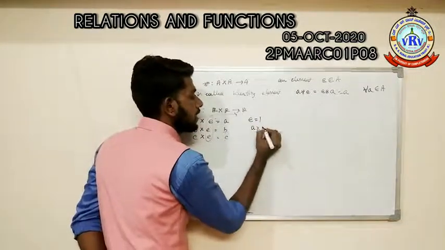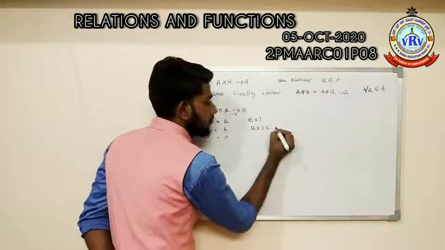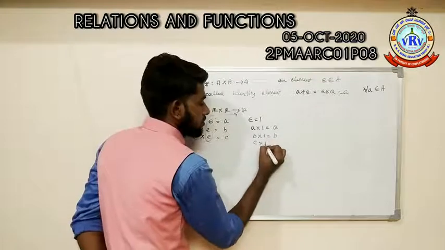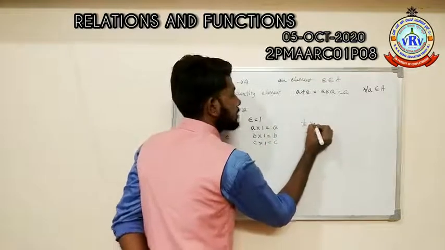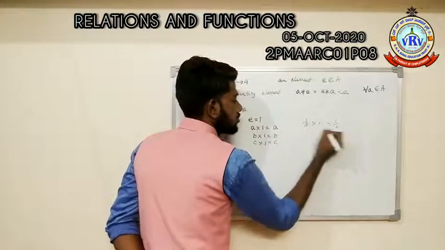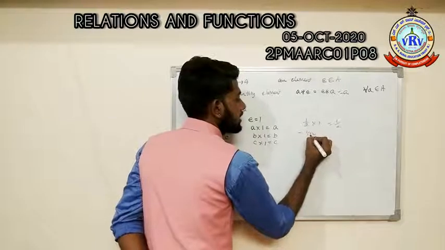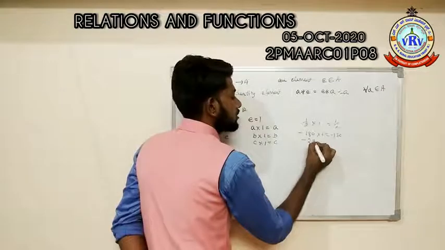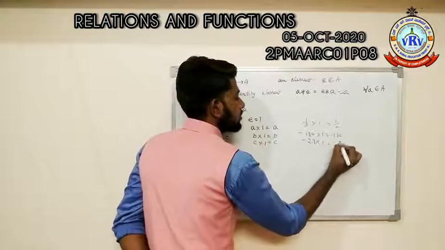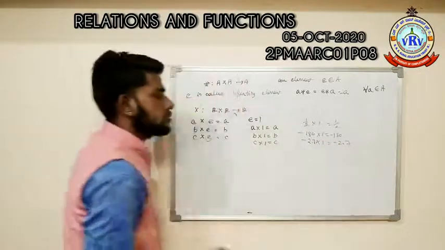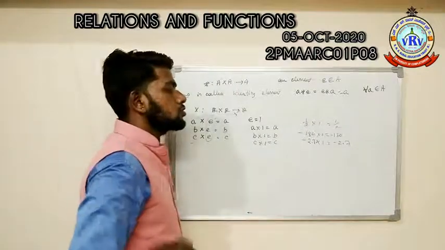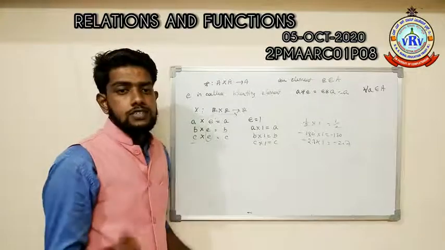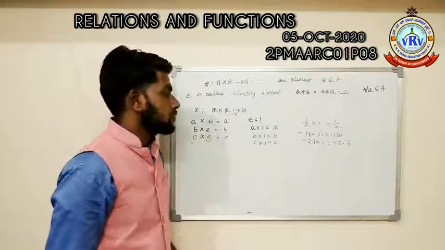If you multiply any element by the number 1, it will return that same element, isn't it? 1 by 2 into 1 is equal to 1 by 2, minus 180 into 1 is equal to minus 180, minus 2.7 into 1 is equal to minus 2.7. So you can observe, if you multiply 1 to any element on the set R, it will return the element itself.